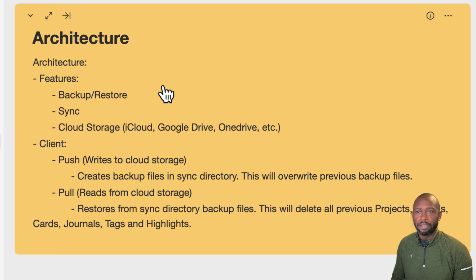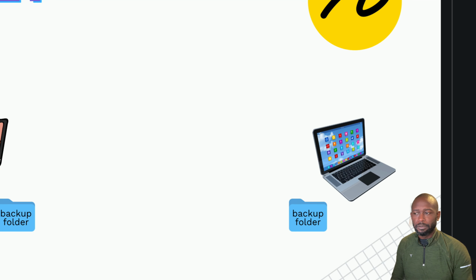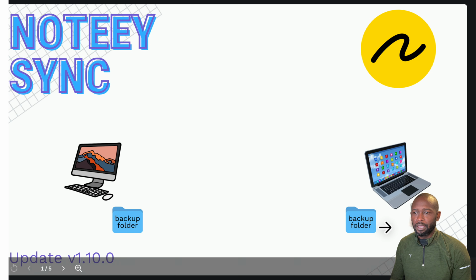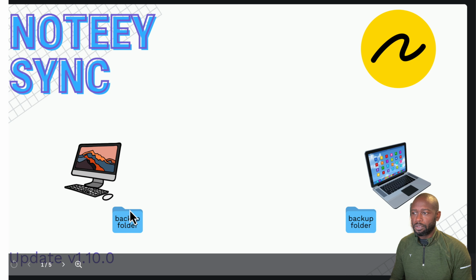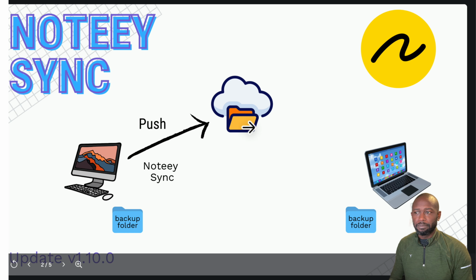So, quick understanding. I actually have a visual here that I can show to make this a little bit simpler. Let's say we have two different systems and they each have Noteey on them. You do have a backup folder set up, and this is going to be key when we walk through our process. When you want to set up that cloud sync feature, you will first set up that cloud storage folder location.